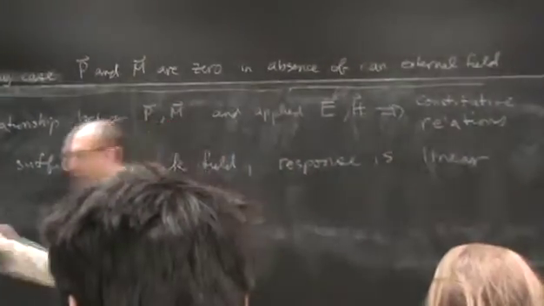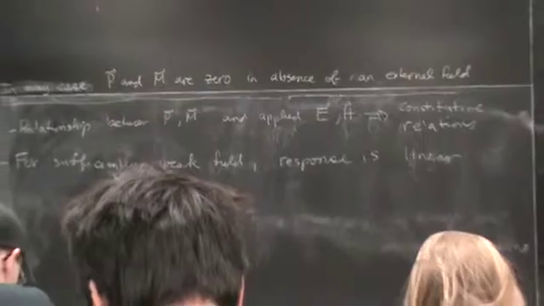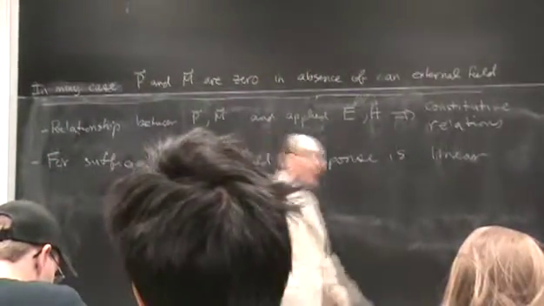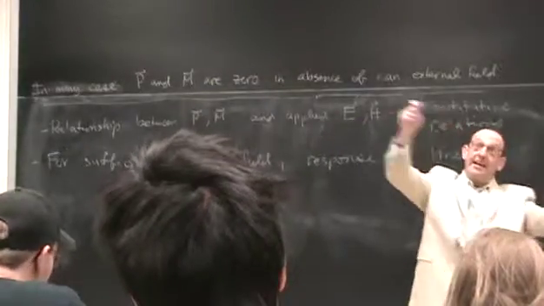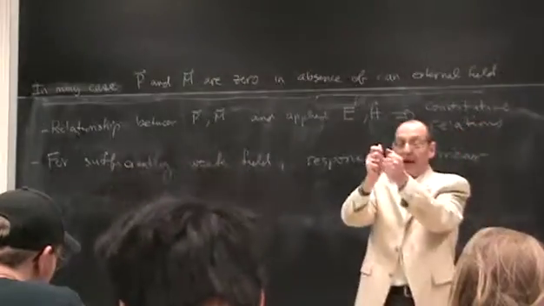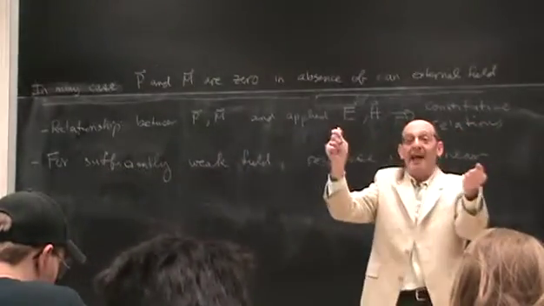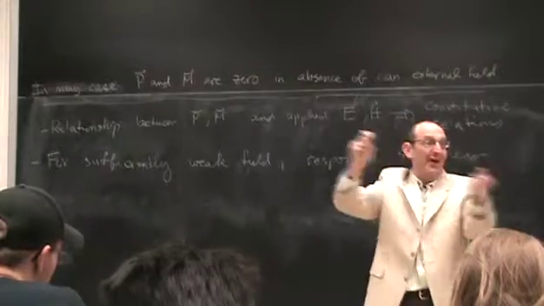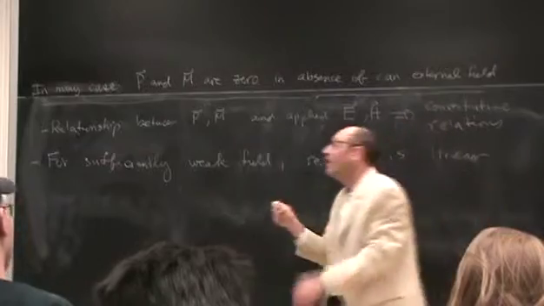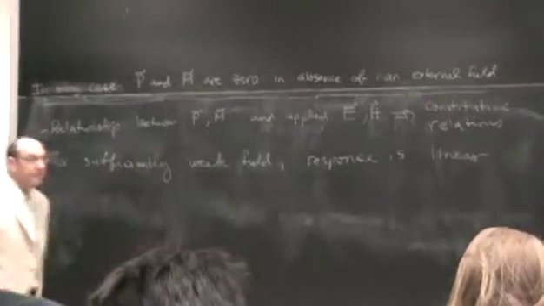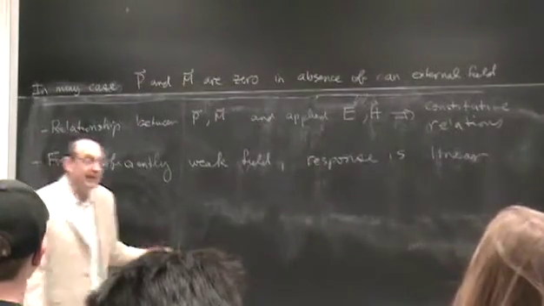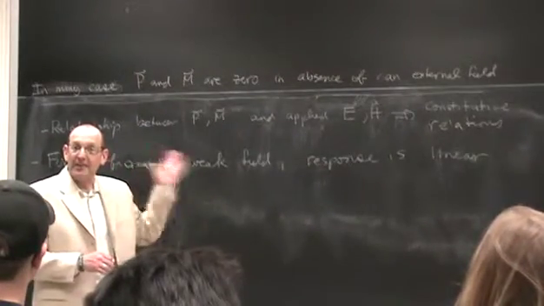That is to say, the amount of polarization or the amount of magnetization is just proportional to the amount of field. Of course, if the fields are so big, they start rivaling the strength of the binding electric field inside a hydrogen atom, well, then you're just going to start ionizing. That's not going to be a linear function anymore. But for sufficiently weak fields, it's linear. Of course, when we get into something nonlinear, that's the fun stuff, nonlinear optics, but we're not going there. We're going to stick with linear.